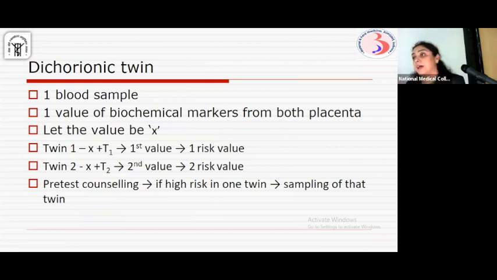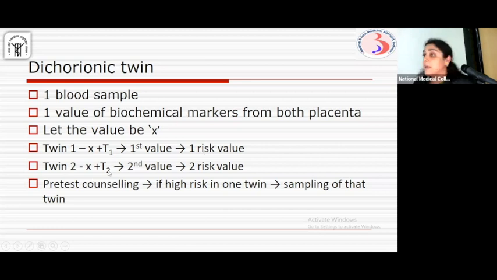Now let us say the value of these MoMs is X. Then what the lab does, when we do an NT scan for these twins, is add the NT of the first twin to the value of the biomarkers in the mother, and it gives us a certain risk value, which is the risk for the first twin.